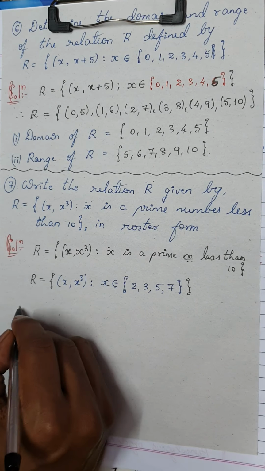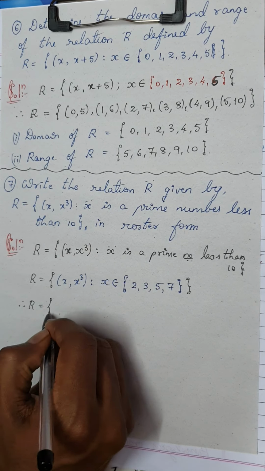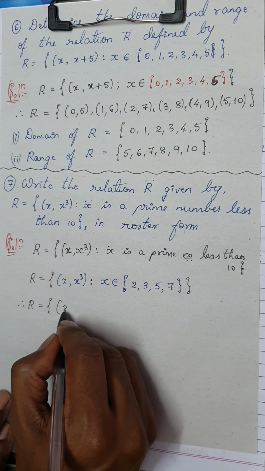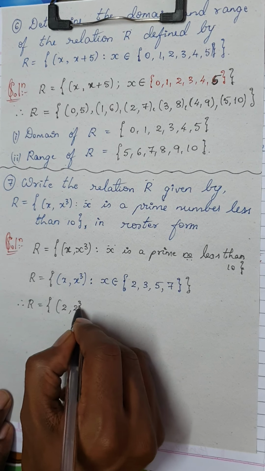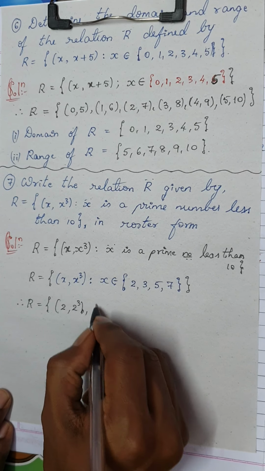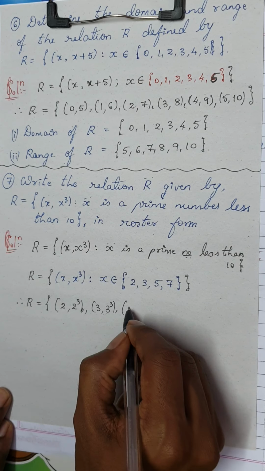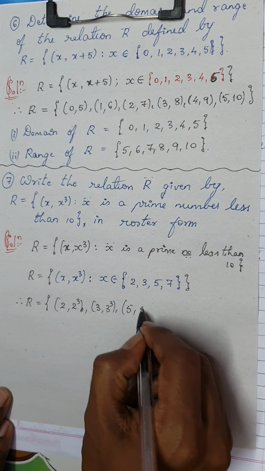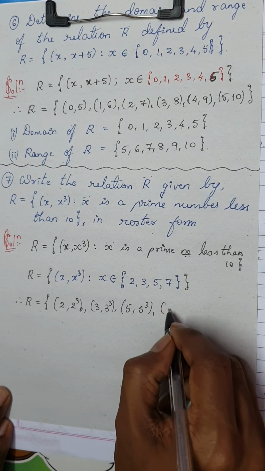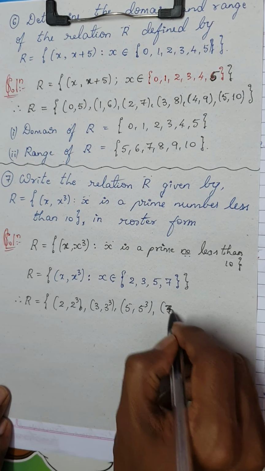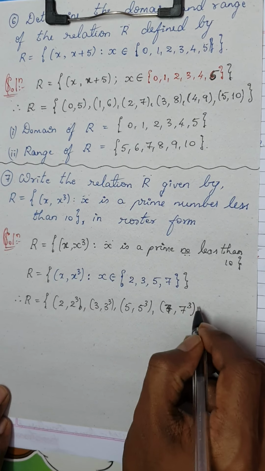Now you can easily write the relation. Therefore R is equal to, what are the elements? You can take 2 comma 2 cube. Next if you take 3, then it is 3 cube. Then if you take 5, it is 5 cube, and if you take 7, this is 7 cube.